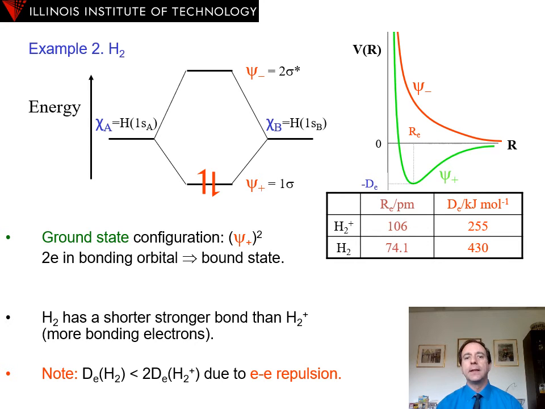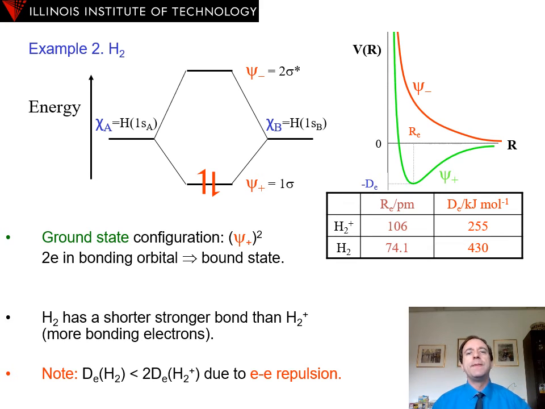So that is the regular bound state of diatomic hydrogen that we find in nature. It does not, in the ground state, put its electrons into that upper state. That is to say, it's a virtual orbital. The anti-bonding orbital in hydrogen exists, but it isn't being used.